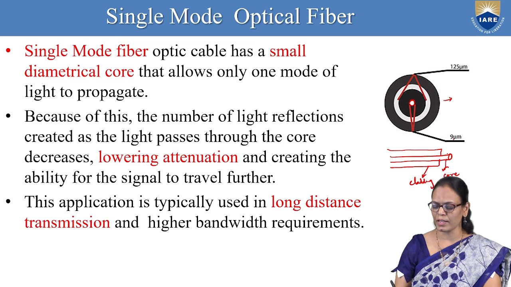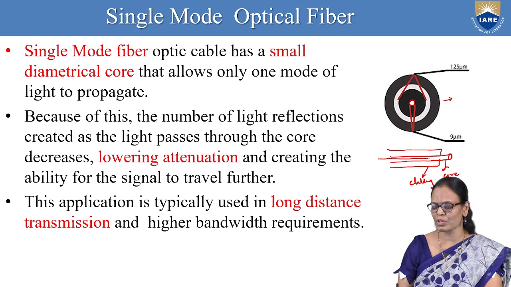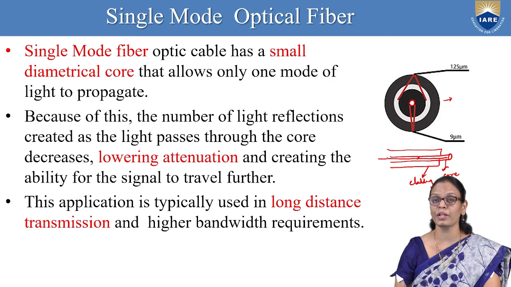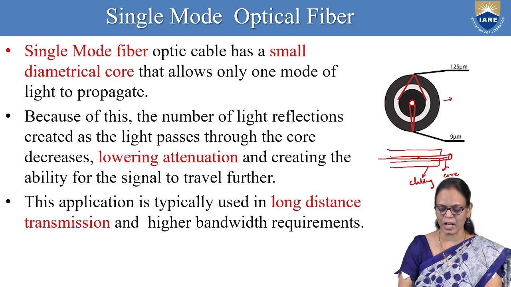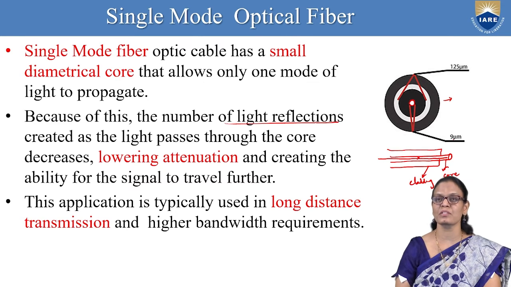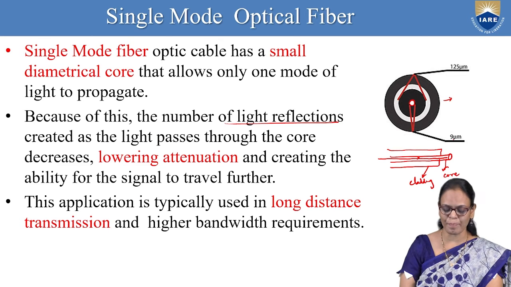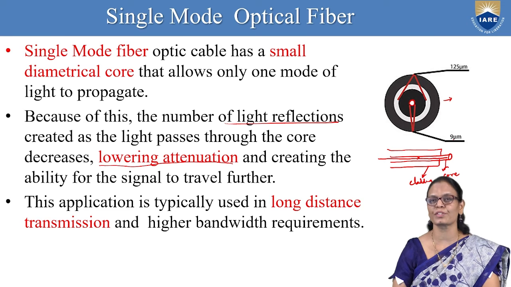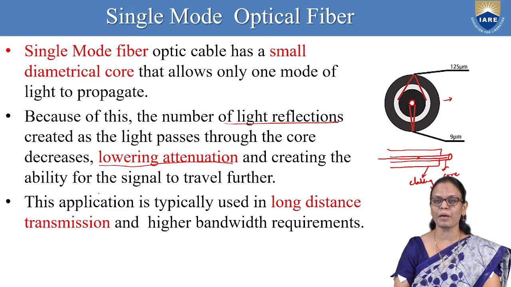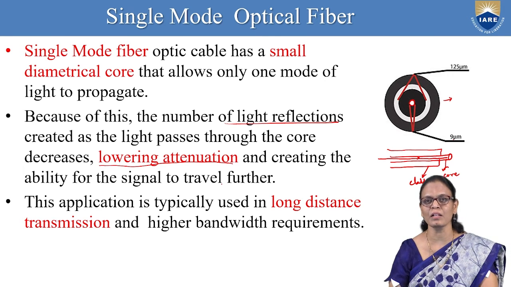So when the signal travels through the core in single mode, there is very little chance for reflections as the light passes. Because of that, what happens? The attenuation is lowered and creating the ability for the signal to travel forward.